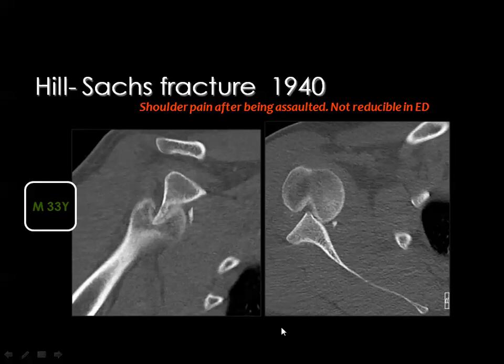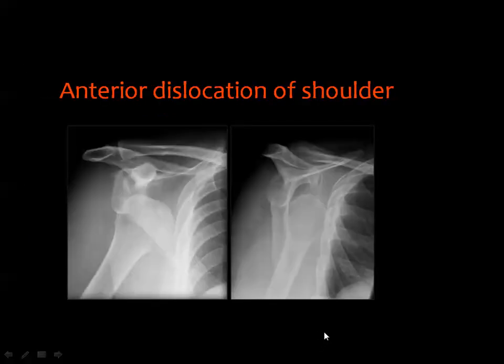And you remember this very illustrative CT images in the axial and sagittal or coronal reformatted plane. You see the anterior dislocation of the humeral head, which is indented by the sharp edge of the glenoid bone, resulting in this very classic injury, which is known as the Hill-Sachs fracture, commonly associated with anterior shoulder dislocation.